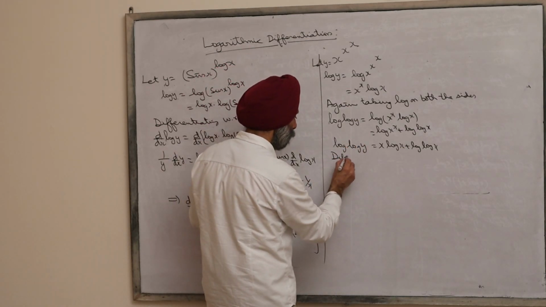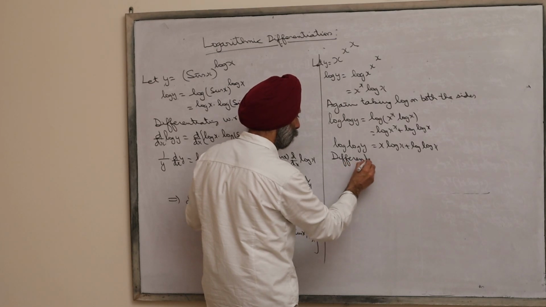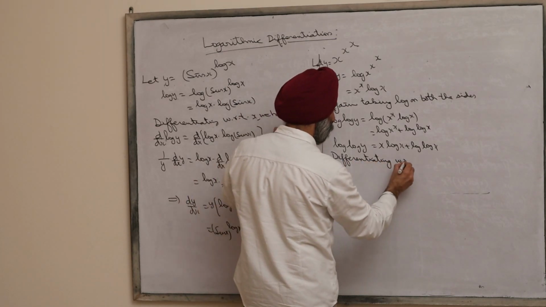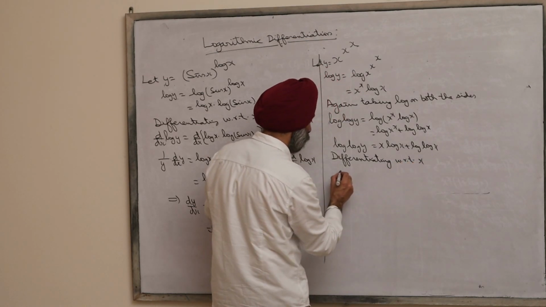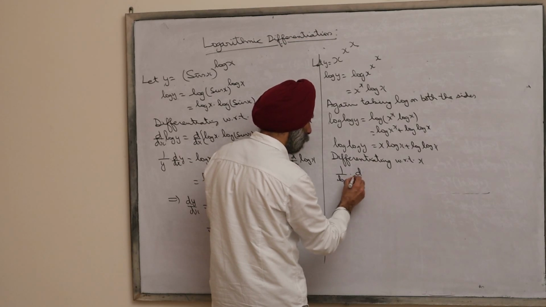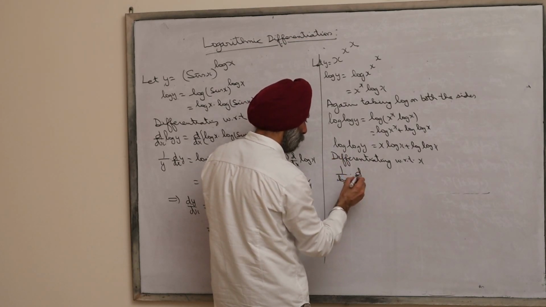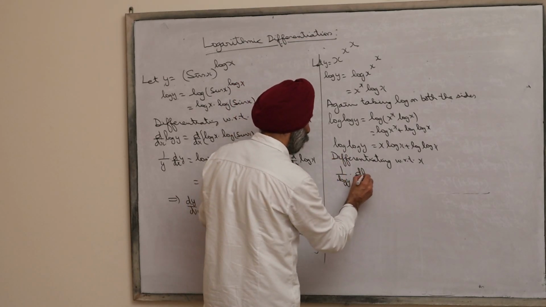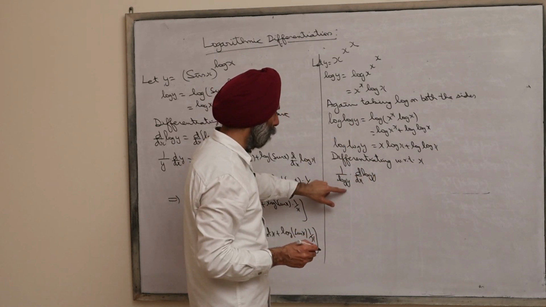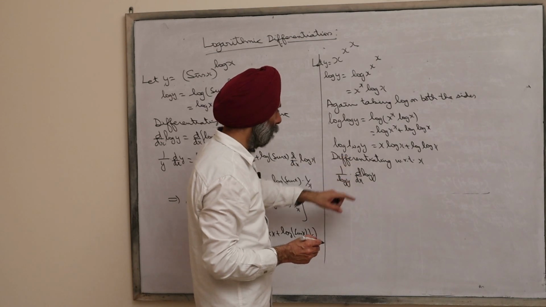Now differentiating with respect to x on both the sides. So it is 1 over log y into d over dx of log y. First, the differential of log y is 1 over log y into the differential of log y.